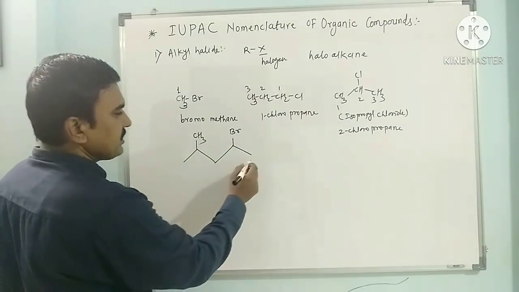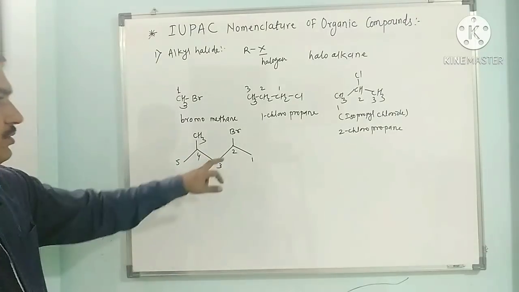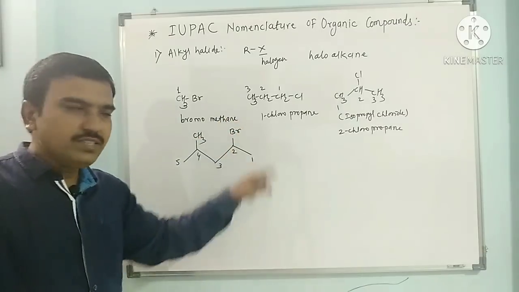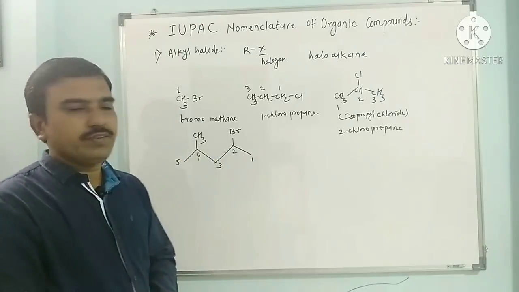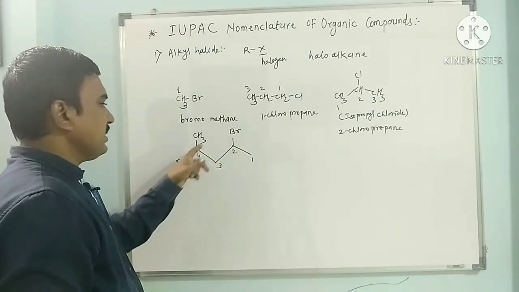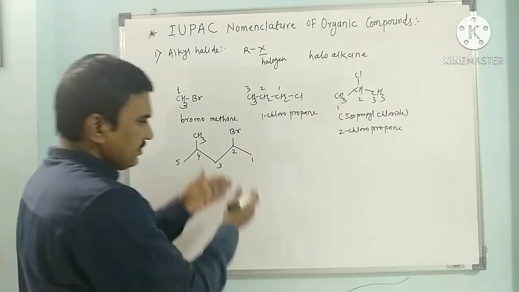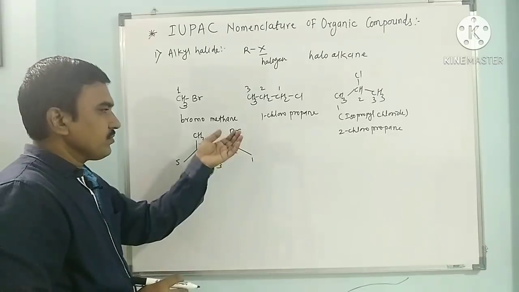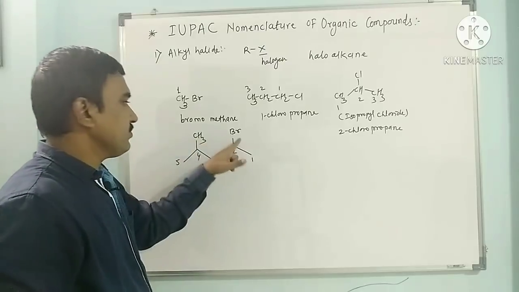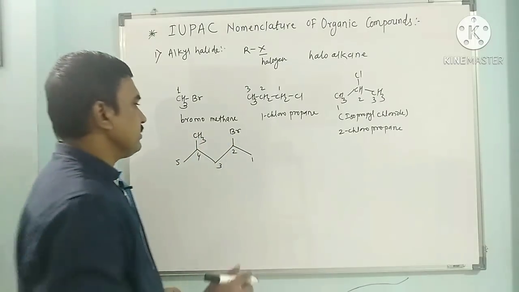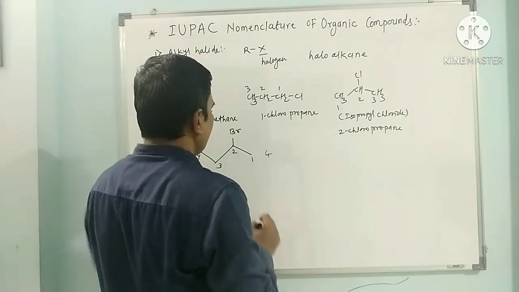But if we start numbering from this side, 1, 2, 3, 4 and 5, the second carbon is having bromine while the fourth carbon is having methyl. If you start numbering from this side, exactly opposite we will have. So here the second is methyl and fourth will be bromine. So we have to proceed from this way, where lowest number goes to the halogen. If same number goes to substituent, priority goes to halide. So here this is 4-methyl, 2-bromo.